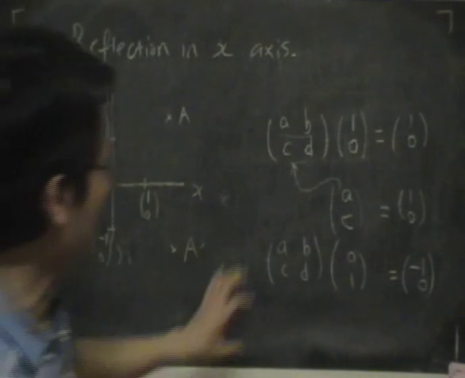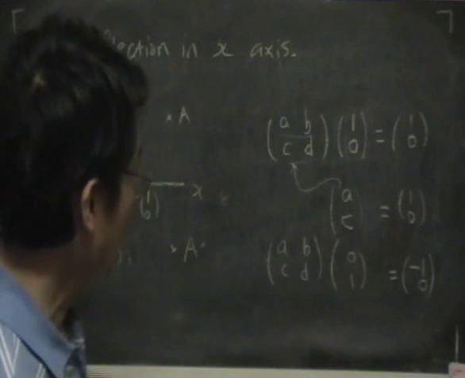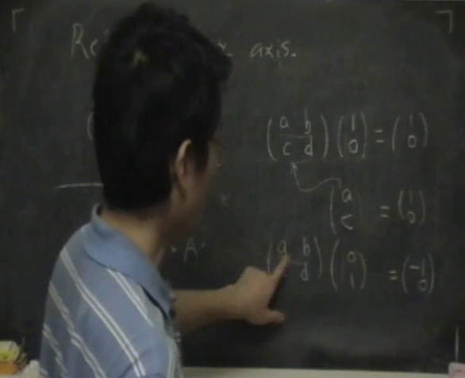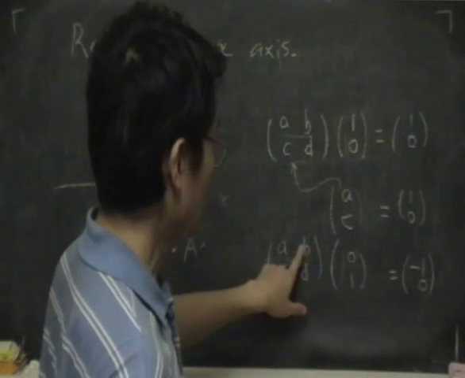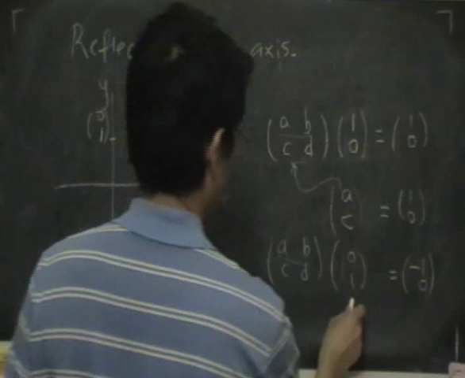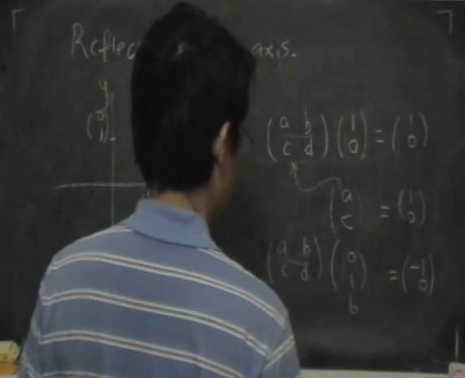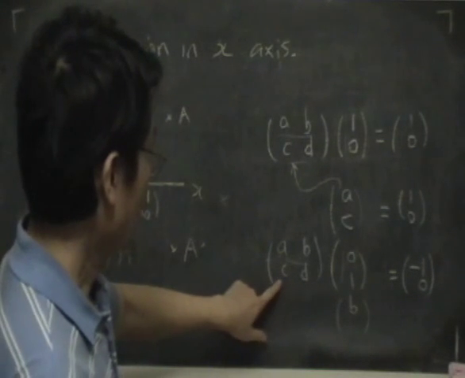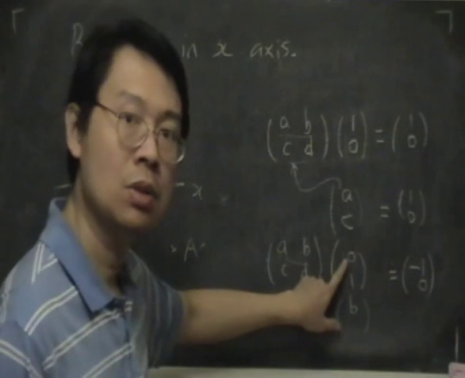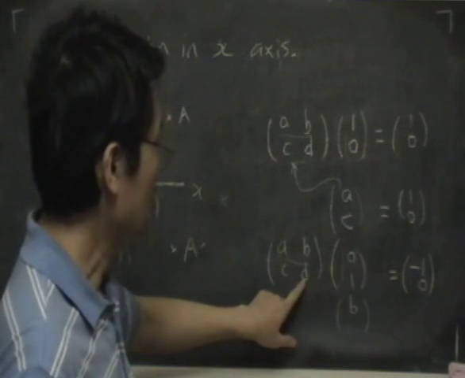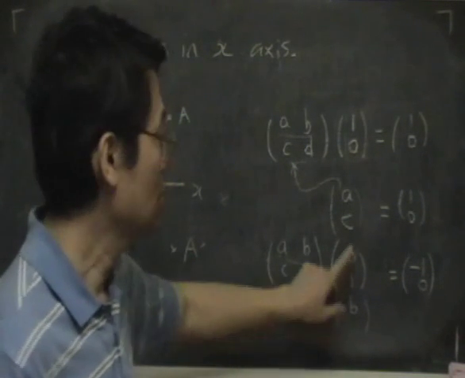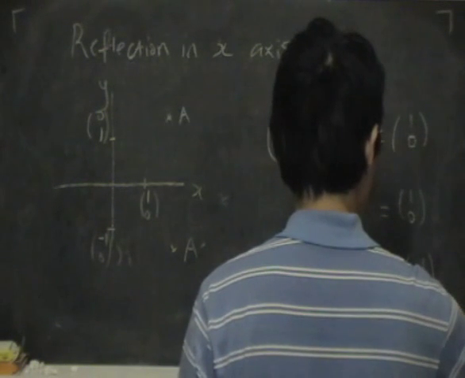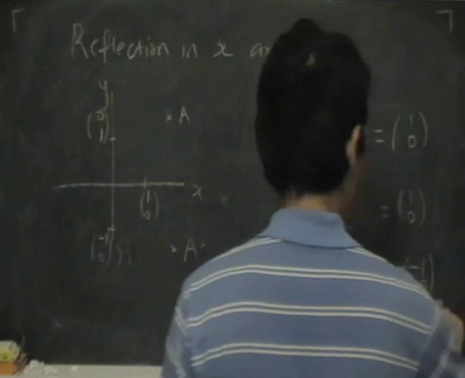Okay, let's try multiplying the left side again. Once again, first row, first column, A times 0 is 0, B times 1 is B. So my answer is 0 plus B, which is B. Second row, C times 0 is 0, plus D times 1 is D. So I have 0 plus D, which is D. And this is -1, 0.